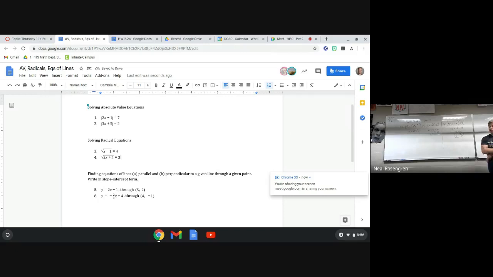Finding equations of lines that are parallel and perpendicular to a given line through a given point. Something that some people know really well, and you don't have to do this practice with us now. Some people just wanted to see it one more time to make sure that they have a good base. So I'm going to do that as our last thing, going back to chapter 1, because it's been a while.